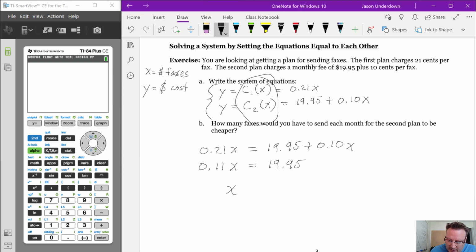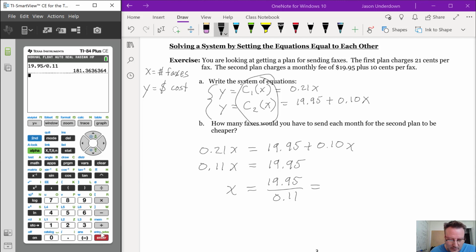Divide both sides by 0.11, and I find that x is equal to 19.95 divided by 0.11. I'm going to use the calculator here. So 19.95 divided by 0.11.